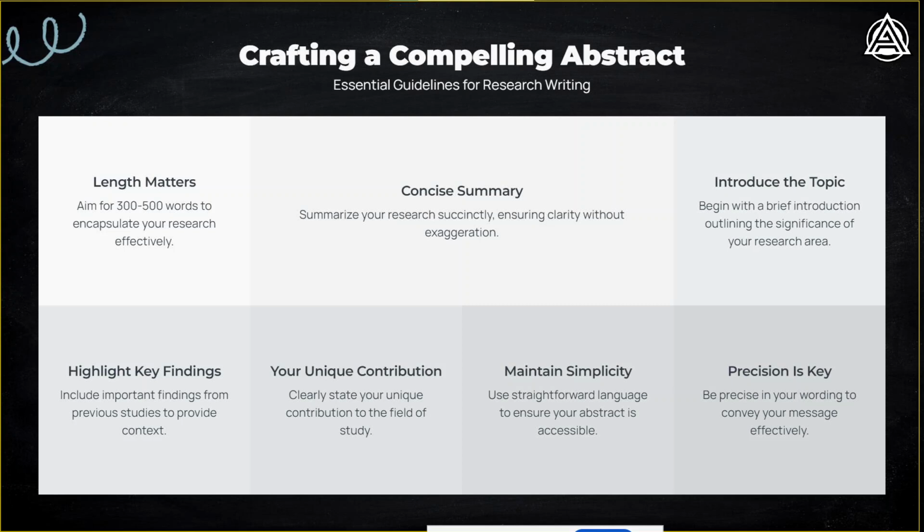Sir, in my case, I try to introduce my research and give a short overall summary in that part. At the end of the abstract, I try to put a very interesting question which creates curiosity to read the whole research paper.